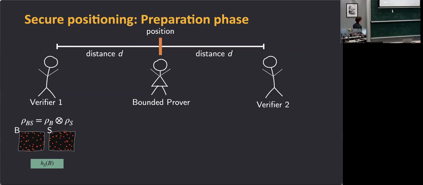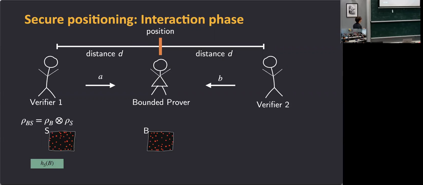And from this, he will hash the value of the string that is encoded. Then the verifier will send to the prover this B state in the preparation phase. Now in the test phase, in the interaction, both verifiers will send a random bit at the same time to the prover. And the prover, depending on the parity of the bit, will either send this state to verifier 2 or to verifier 1.